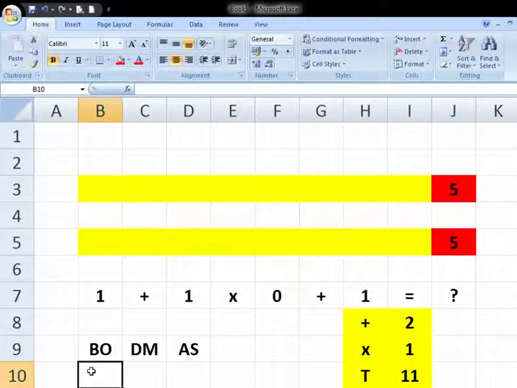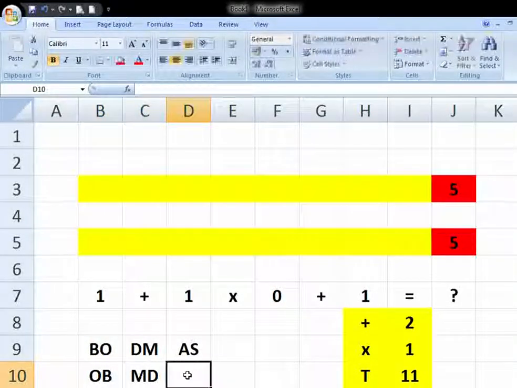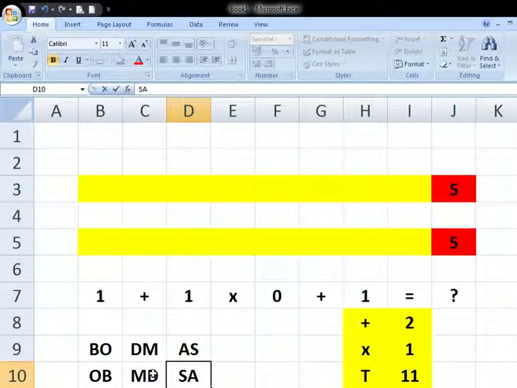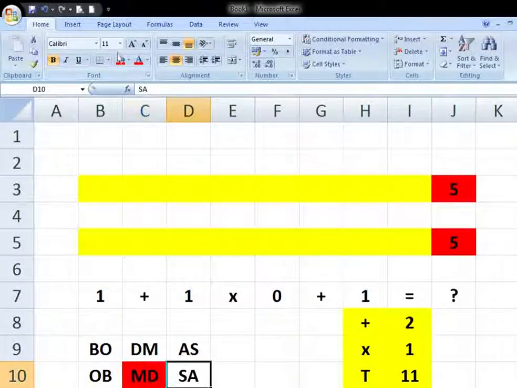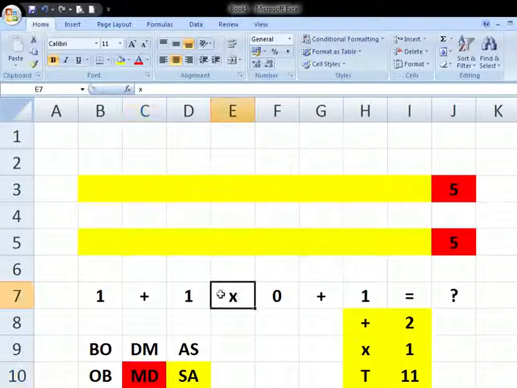You can have it as OB, MT and SA, and it wouldn't matter. So you can do it in any order, but the priority here says that multiplication and division come before subtraction or addition. So we'll have to do this first.